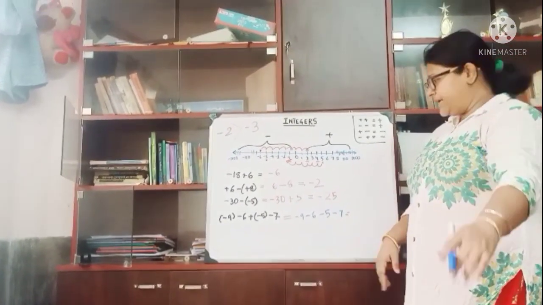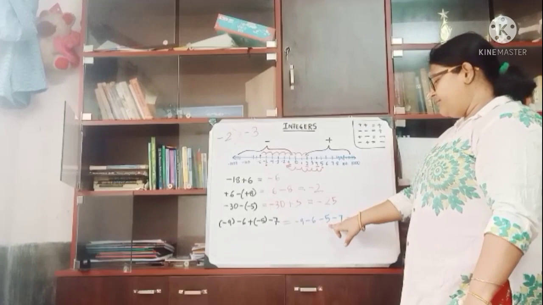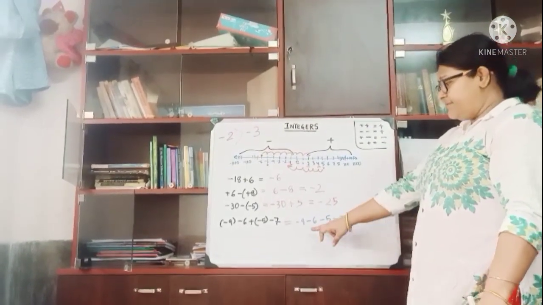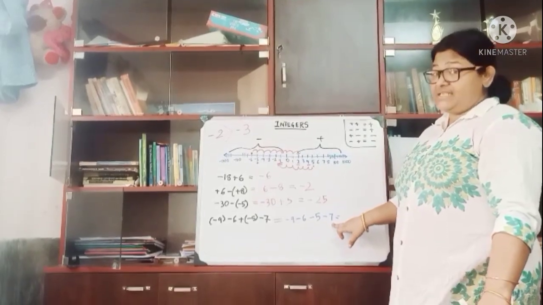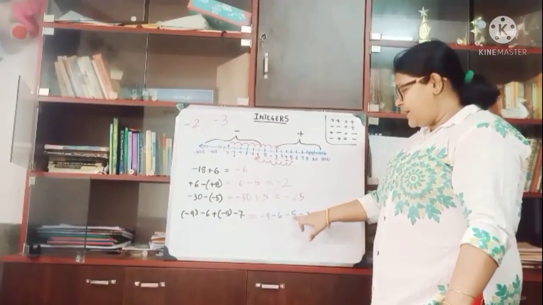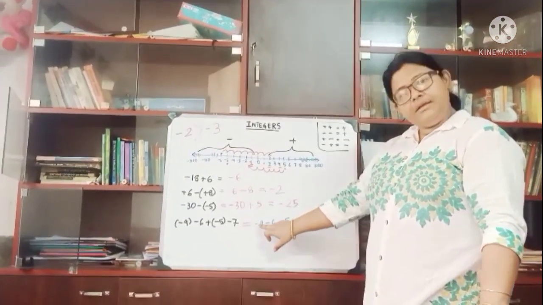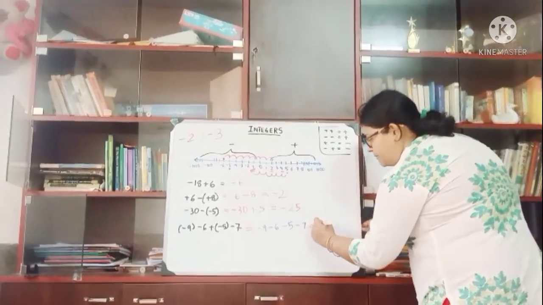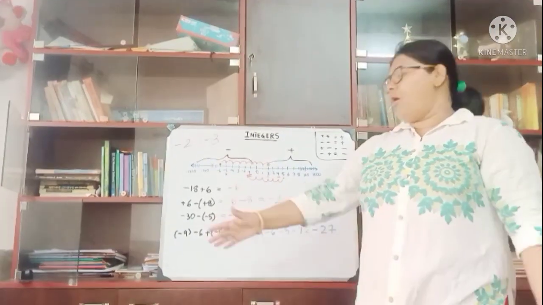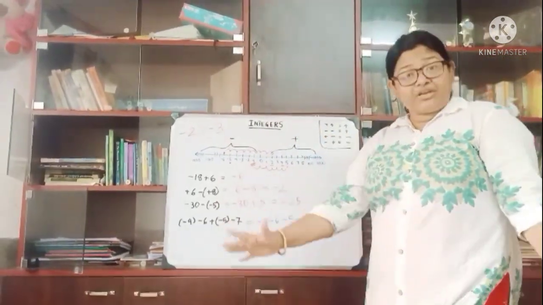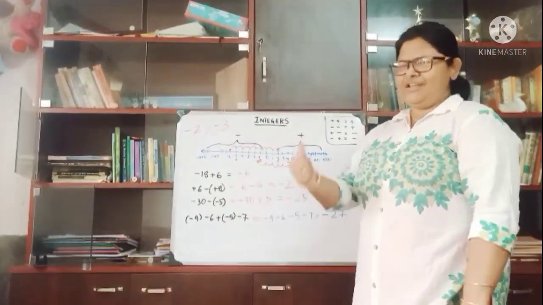Let's do the calculation. 6 and 5 comes to 11. 11 and 9 means 20. 20 and 7 means 27. Which is the largest number? Minus 9. So the answer will be minus 27. This is how addition and subtraction of so many numbers can be done in one go.